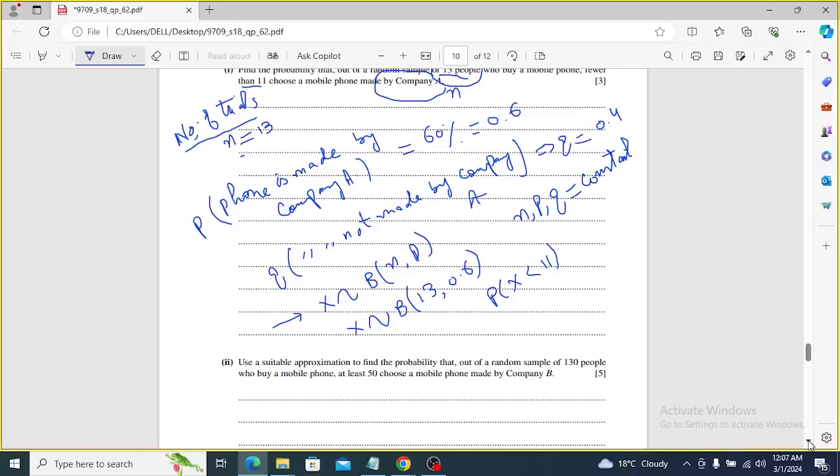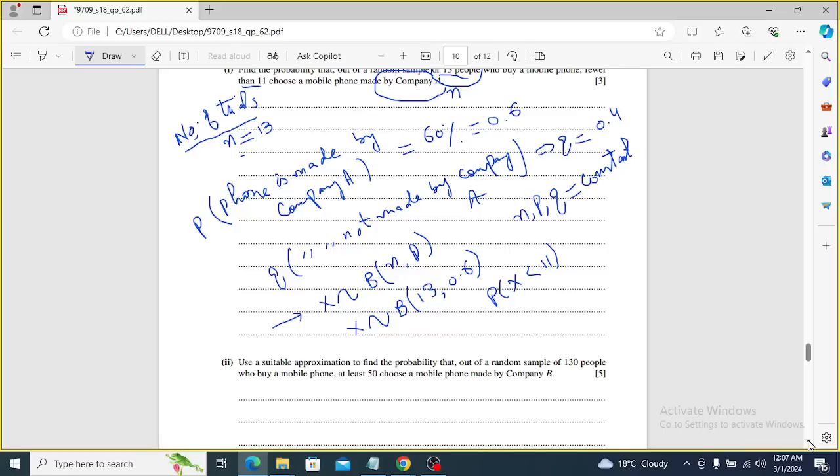The examiner will laugh at our stupidity that we are wasting our time. So what is the smarter approach to get the probabilities lesser than 11? There are a total of 13 trials, so the total sum of the probabilities is 1. So what is a smarter way that is coming to your mind?